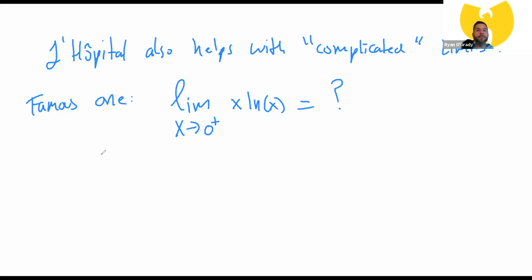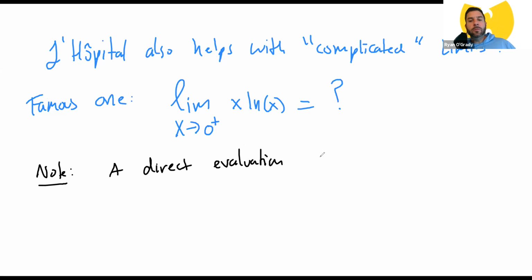So here's the thing. The first thing you note is if we do a direct evaluation, it gives 0 times log of 0, which is 0 times negative infinity, whatever that means.